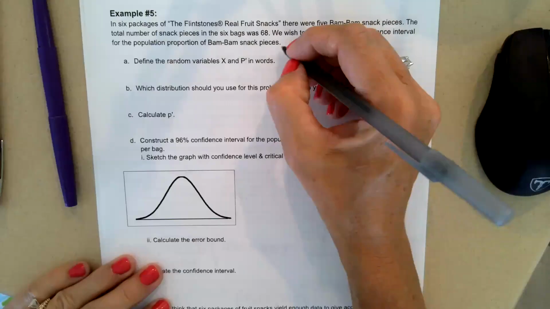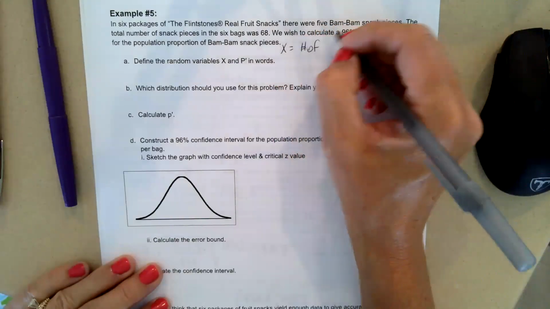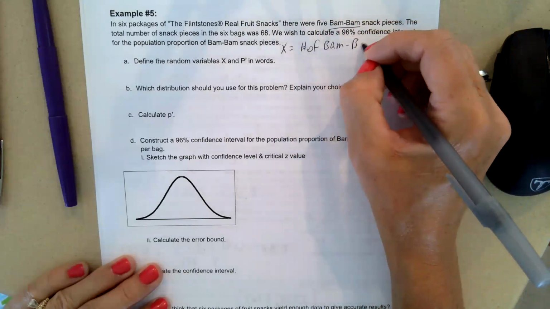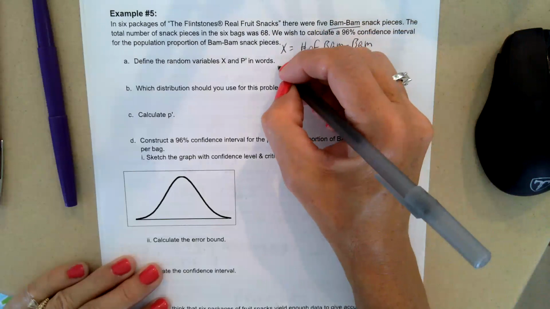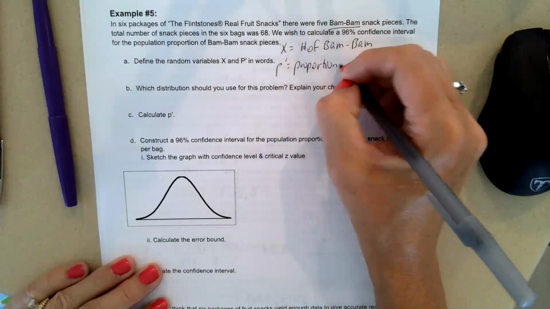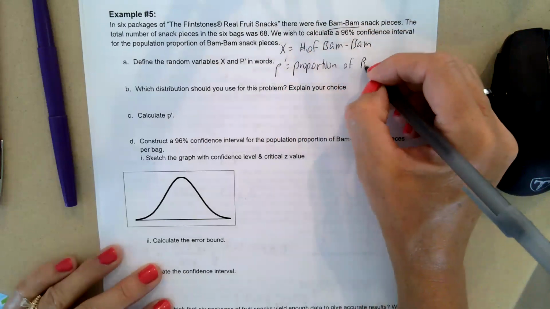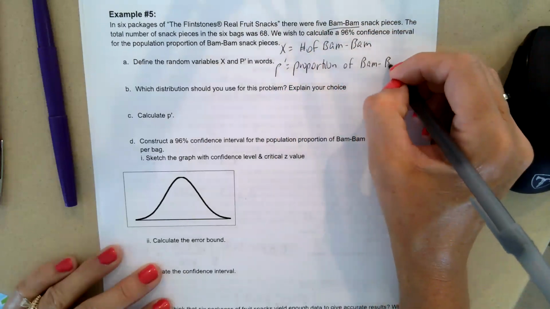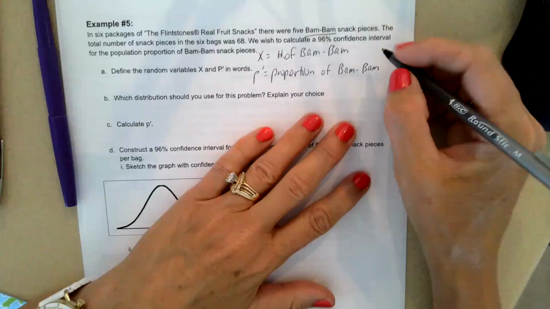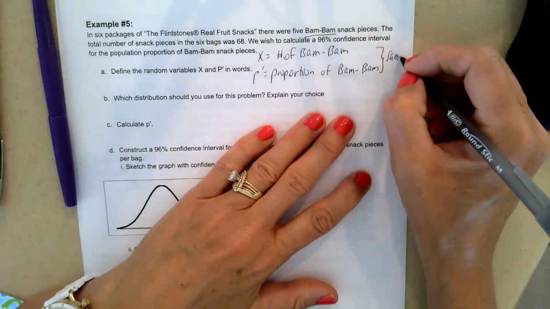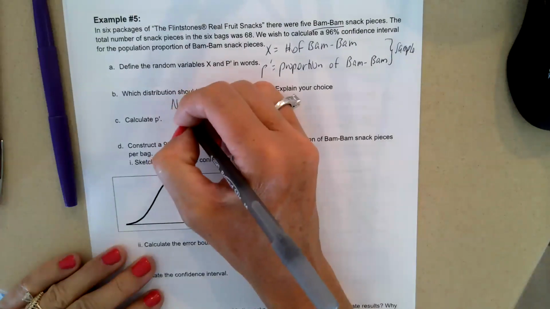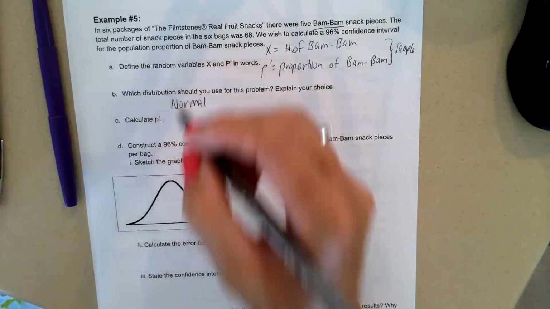Okay, so X is the number of Bam Bam because we want a specific shape. And P hat is proportion of Bam Bam. And these are from the sample. We're using the sample to predict the population. So we're going to use a normal because we actually have a binomial distribution.